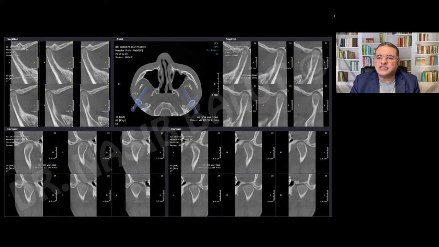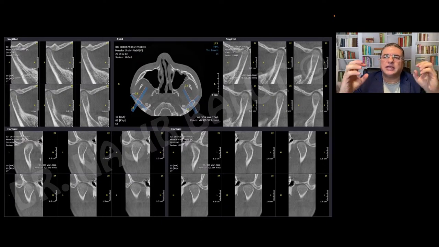Look, there is no CO-CR discrepancy. His TMJ is in a perfect situation. No symptoms. The shape and the relation between the glenoid fossa and the condyle is good, is perfect.